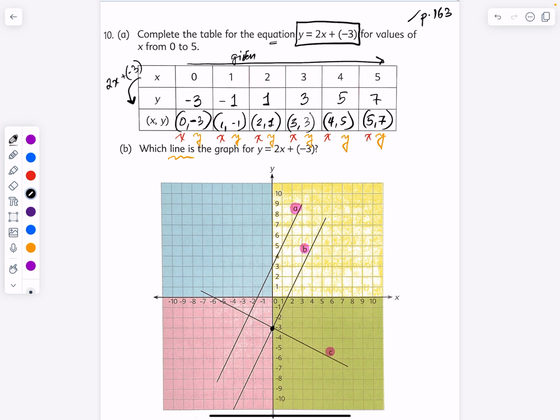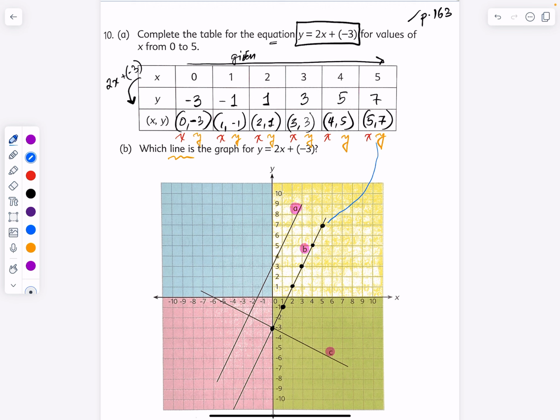Right here is negative 3. 1, negative 1. 2, positive 1. 3, positive 3. 4, positive 5. And 5, positive 7.